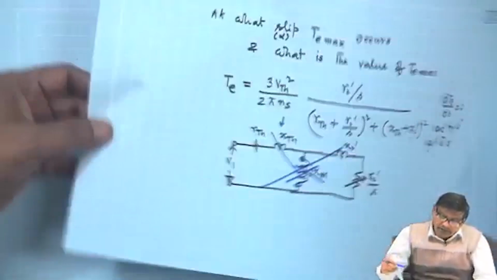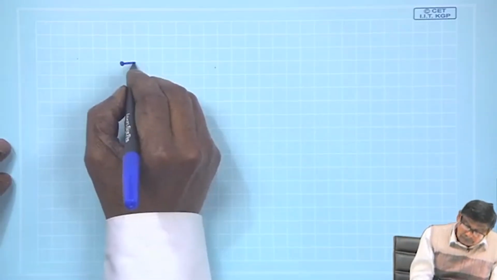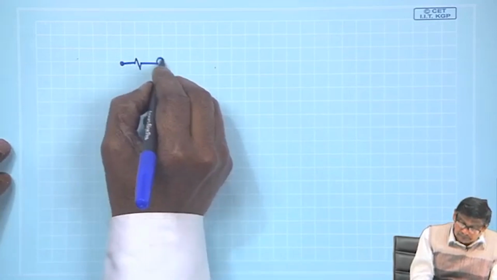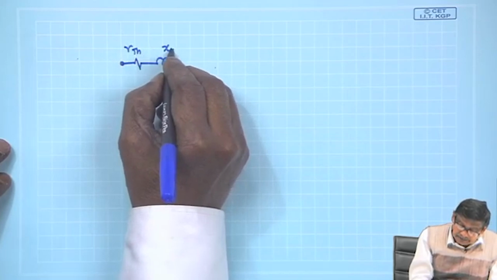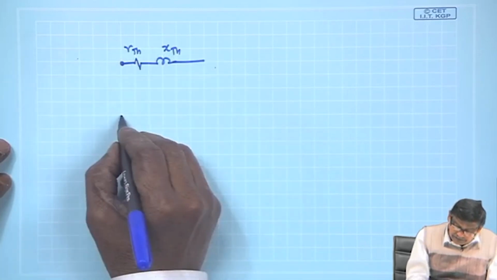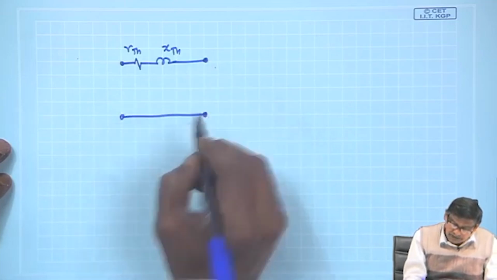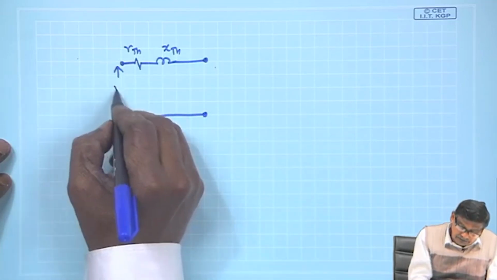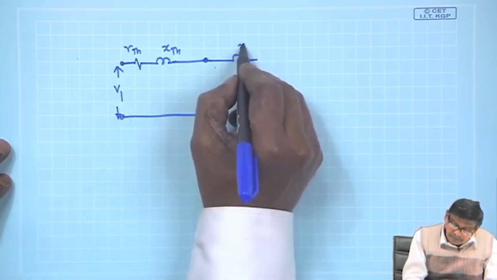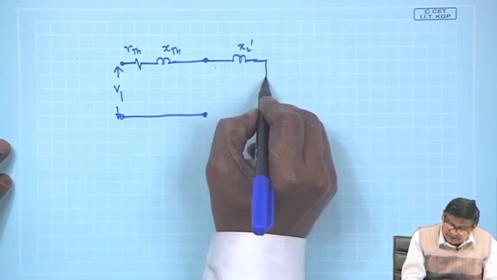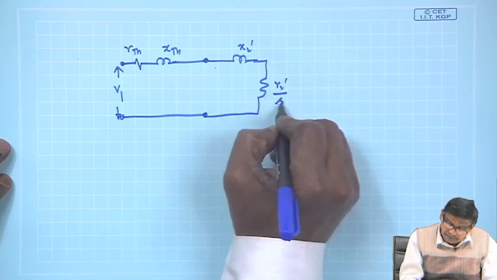The Thevenin equivalent circuit is now R Thevenin, X Thevenin, and there will be no XM because already the Thevenin equivalent between these two circuits I have found out. This is V1, and this is X2 dashed, and this is R2 dashed by S.